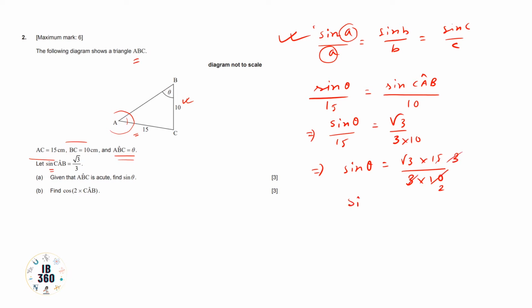So sine theta equals root 3 by 2. It is a very simple problem. The first part is done: find the value of sine theta. Now we will move towards the second part.